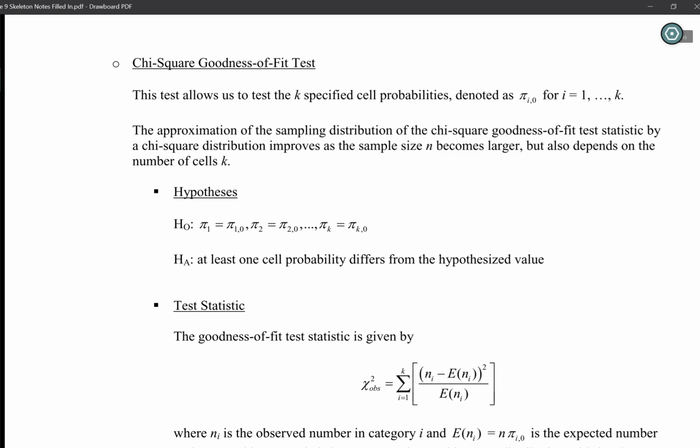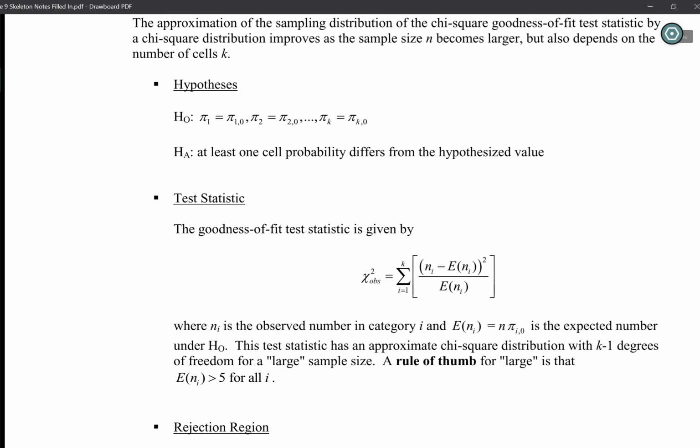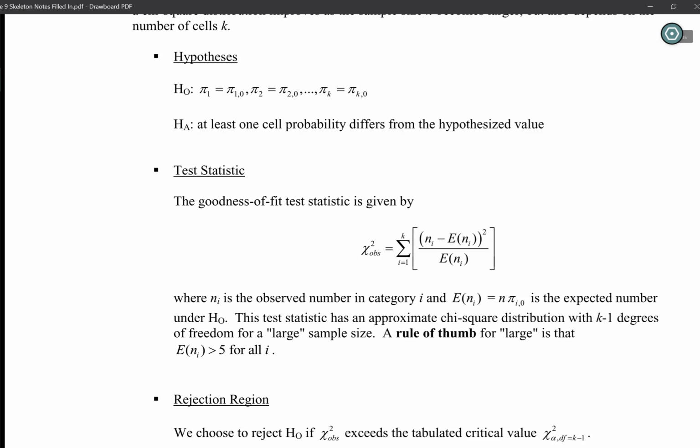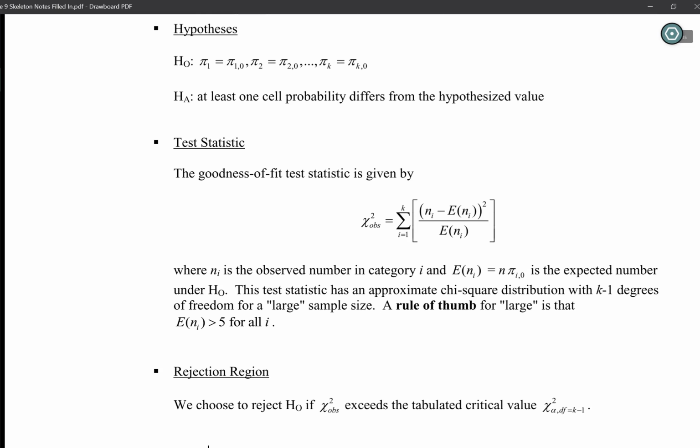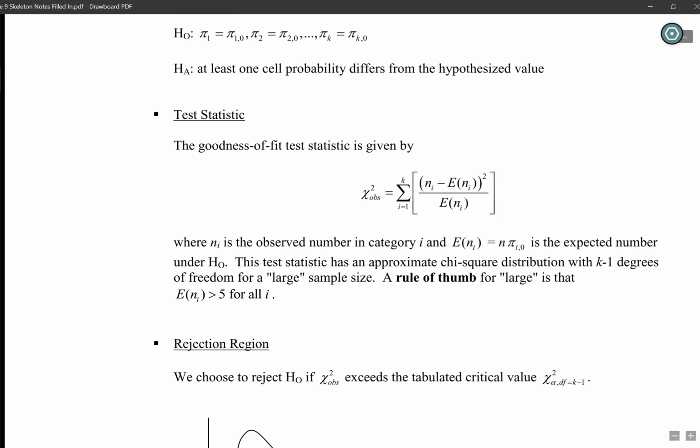What we're going to use here is the chi-squared goodness of fit test statistic. It compares what you observed, that's N i, from your sample for that outcome, with the expected number of values for the ith category, which is n times pi i naught.